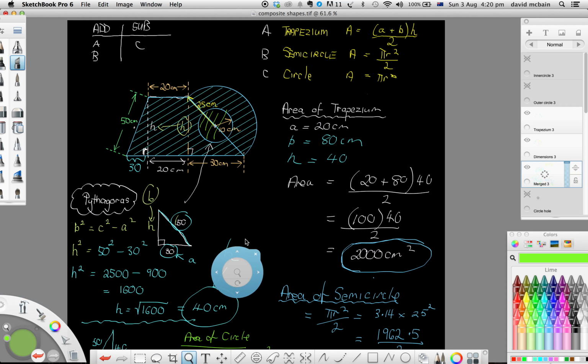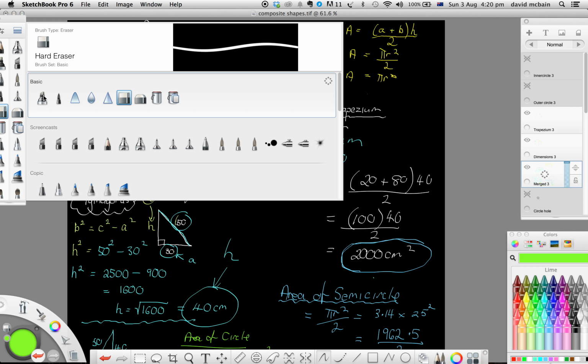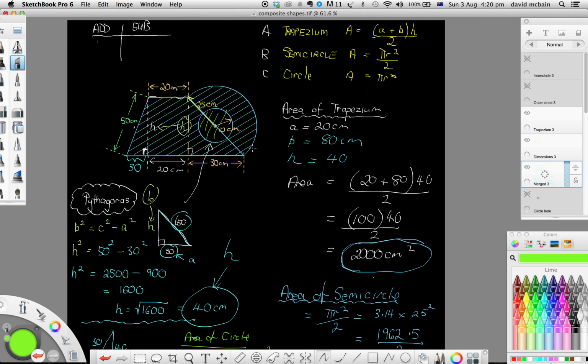So we're going to add A and B, and C is going to be subtracted. So A is this one. So that's A, the area of our trapezium. So it's going to be 2,000.